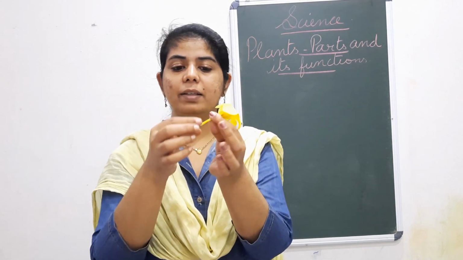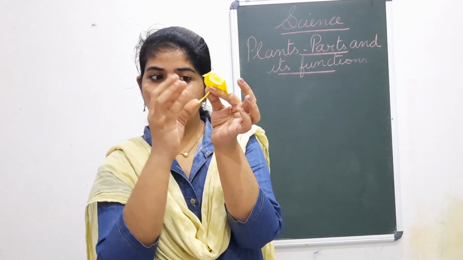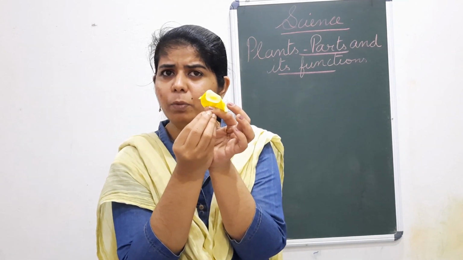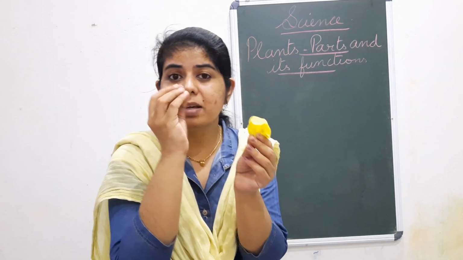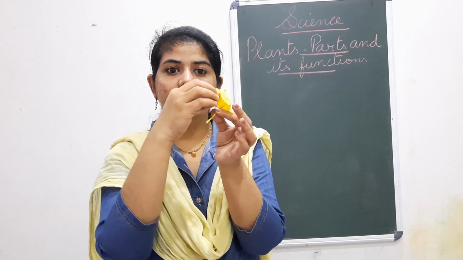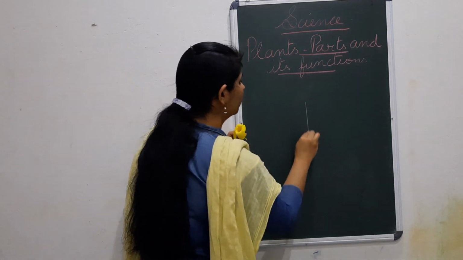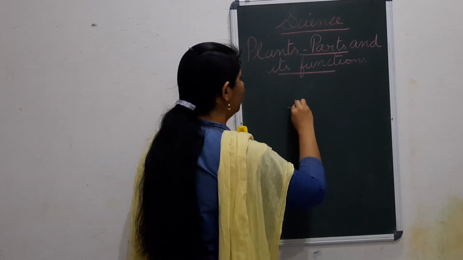Now, before that, the flower is attached to the stem with one green covering on it. From where is the flower blooming out? It is from the bud. It will first be a bud, and the bud is covered. On the stem, you can see a green colored part like this.